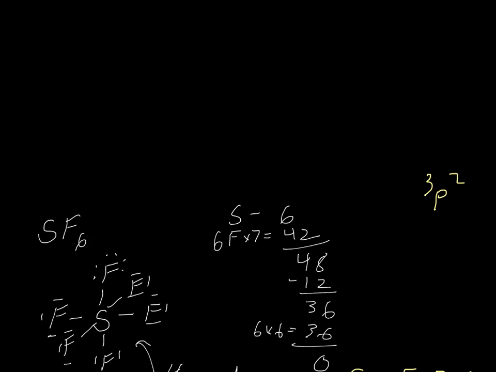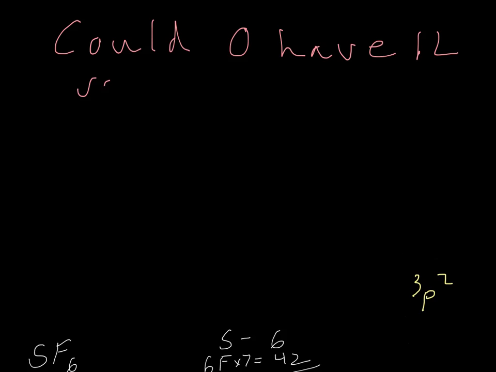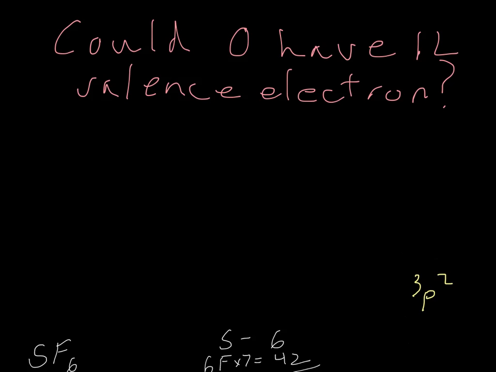Now let me ask you another question as long as we're on this subject. How about oxygen? Could oxygen have 12 valence electrons? No, it couldn't, right? Why not?